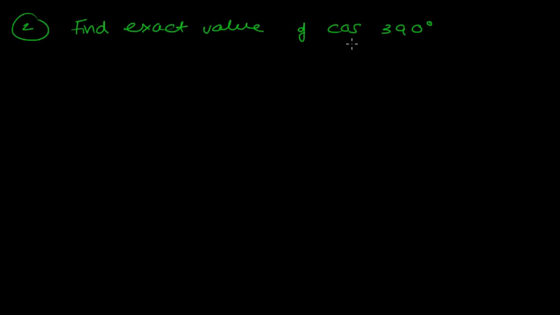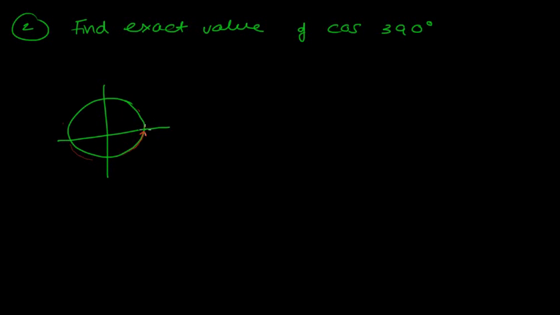Let's have a look at another question. Let's say find the exact value, and you might want to pause this and have a crack at this yourself, of cos 390 degrees. Now this is slightly more challenging. This is why I'm showing this one actually. If I draw my unit circle there, you might think, okay, how can I do this? Because if I go 360 degrees all the way around, I get back to there.